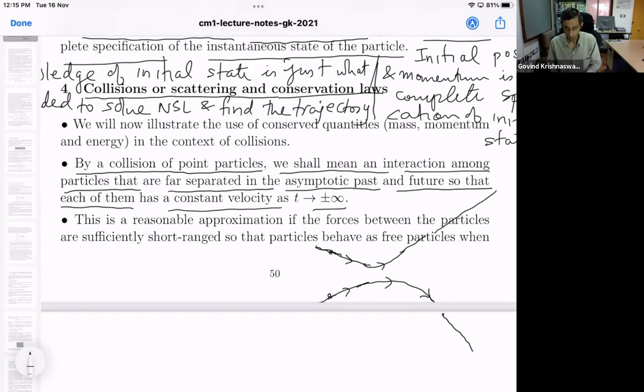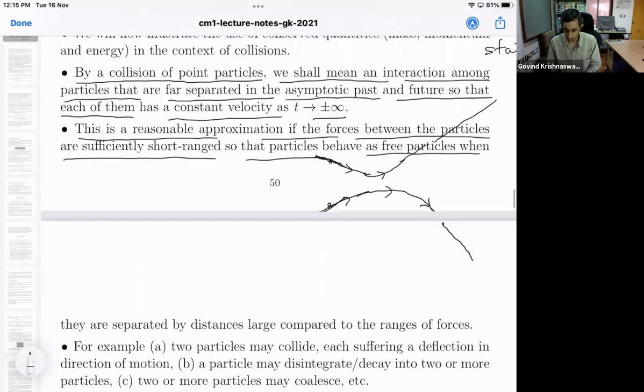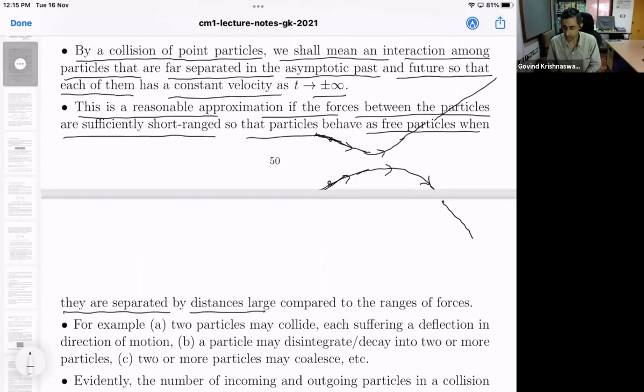Now, why is it okay to assume that the particles have straight line trajectories in the far past and far future? Well, this is a reasonable approximation if the forces between the particles are sufficiently short-ranged so that particles behave as free particles when they are separated by distances large compared to the range of the forces. Okay, so we have in mind particles that feel some forces, but those forces don't extend indefinitely far away.